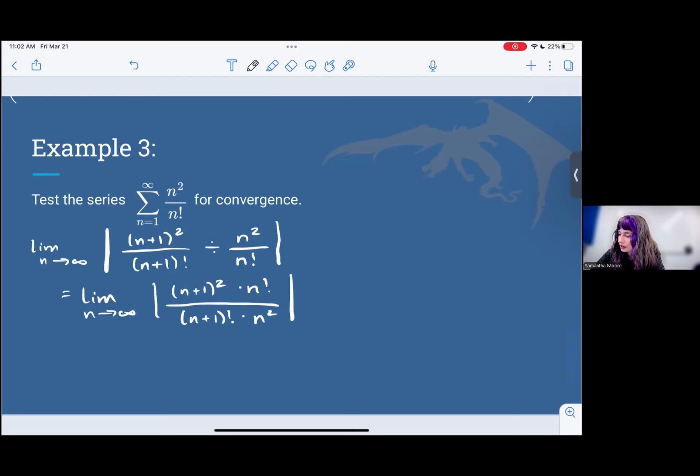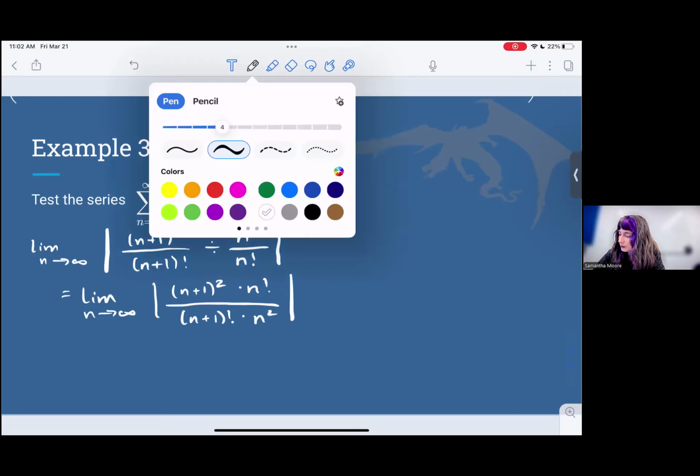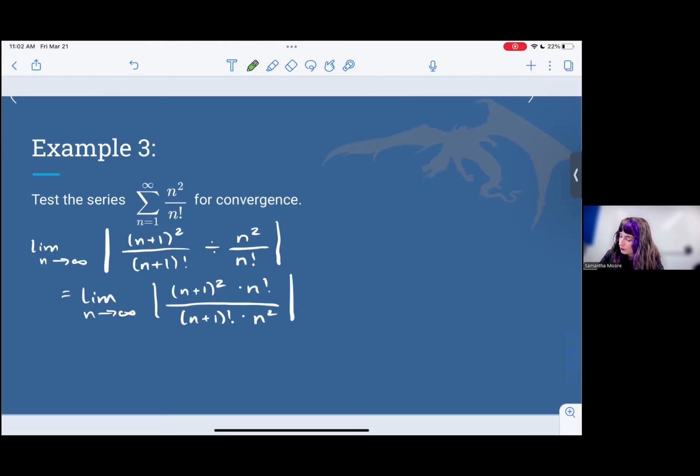I'm going to notice 2 things right now. First, the n factorial cancels with the (n plus 1) factorial and just leaves me with a factor of n plus 1 in the denominator. And the other thing that I'm noticing is that the absolute values really don't matter here, right? I don't have anything that's negative inside of there. So I'm going to take care of both of those in the next step.